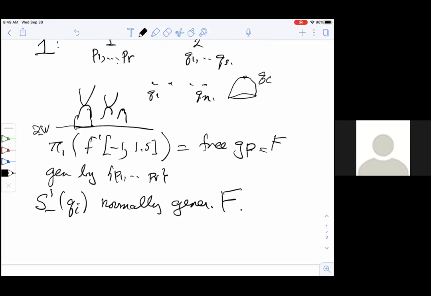You could do a cancellation argument if you knew some proper subset also normally generated. So suppose maybe the spheres for everything except the first one normally generate.